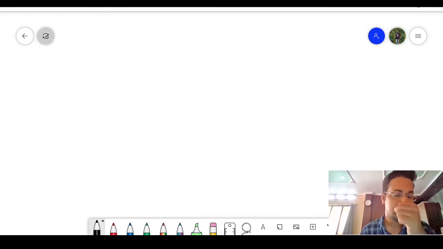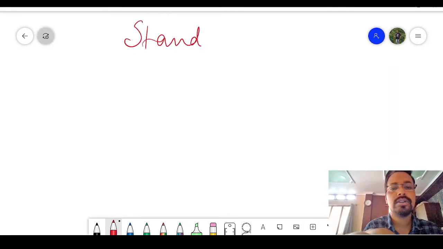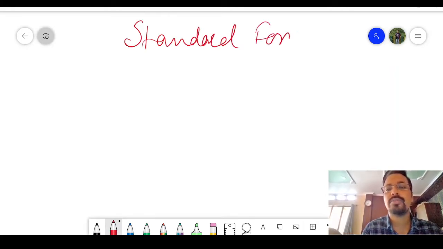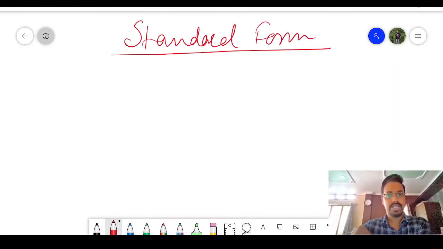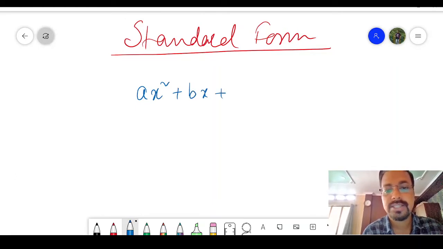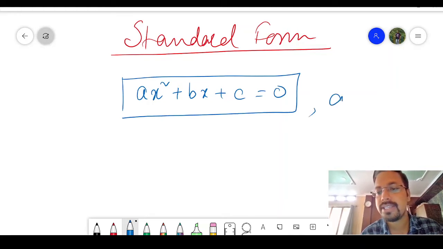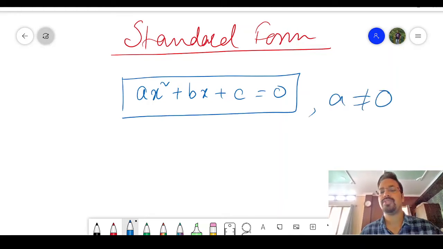Now let us see what is the standard form. So now we will look into the standard form of a quadratic equation. The standard form of a quadratic equation is this: ax squared plus bx plus c equal to 0, and in this case a should not be equal to 0.